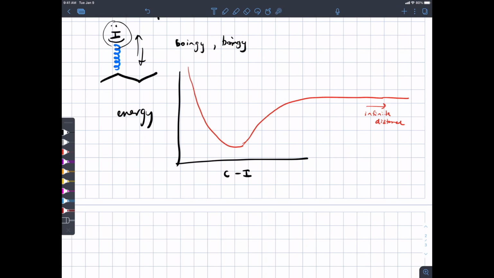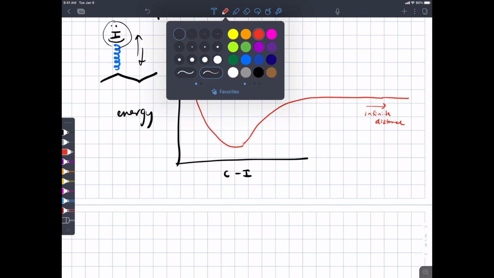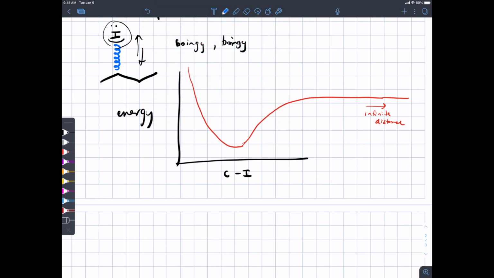So the process of going boingy, boingy, boingy back and forth is as if we were to represent our molecule as a little ball rolling along this surface. That's the vibration. We change the distance, but then we go too high in energy, so we come back. Now, what would happen if I add enough kinetic energy for this ball to get up here?